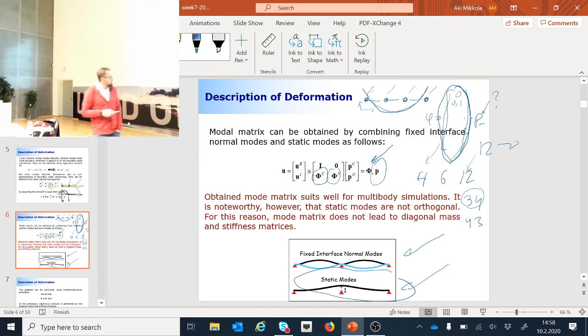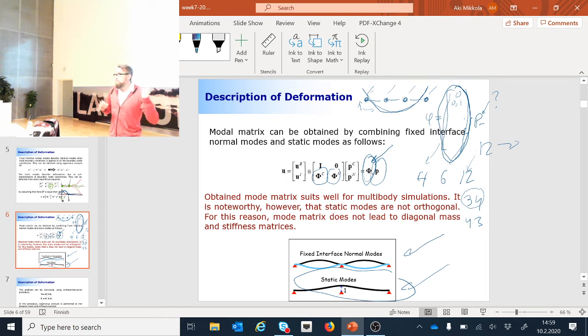The problem is that the static correction modes are not orthogonal, so they are not independent. Is that a problem? A little bit, because once I take this whole deformation mode and multiply using this matrix to my original mass and original stiffness, I'm not going to get the diagonal representation. And why is that? Because static correction modes are not numerically independent. They are not orthogonal. So they are kind of a combination of each other.